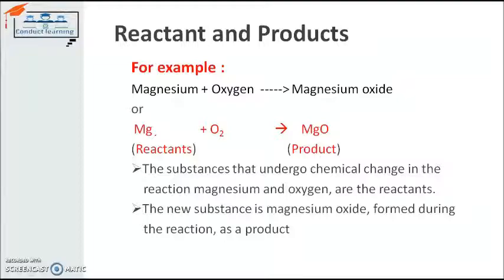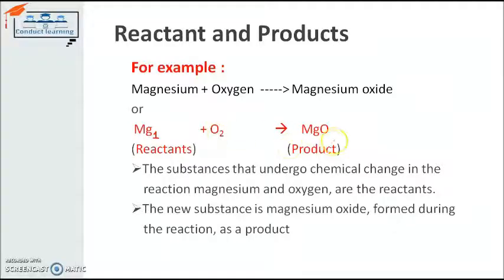Now in Mg there is nothing written at the foot of the symbol, so we take it as 1. So magnesium has one atom. In the same way, oxygen has 2 written at the foot of the symbol O, which means 2 atoms of oxygen. So magnesium has one atom and oxygen has 2 atoms.